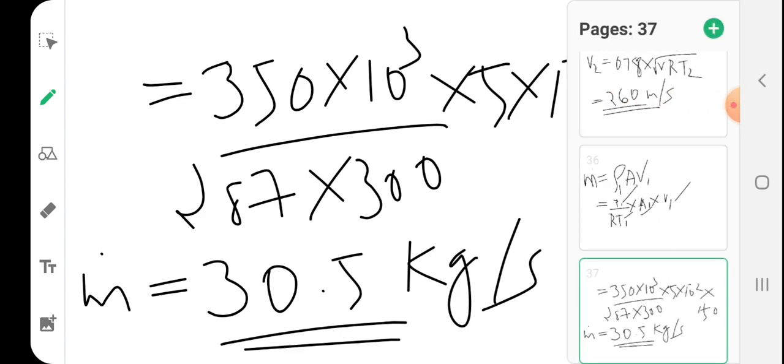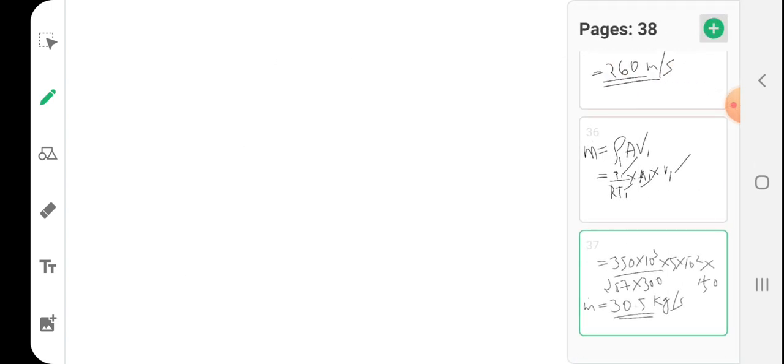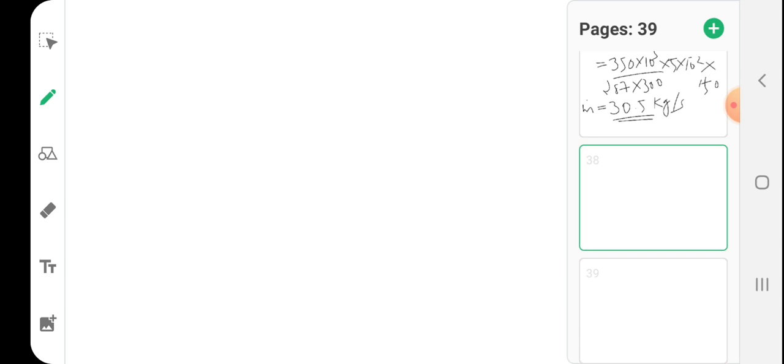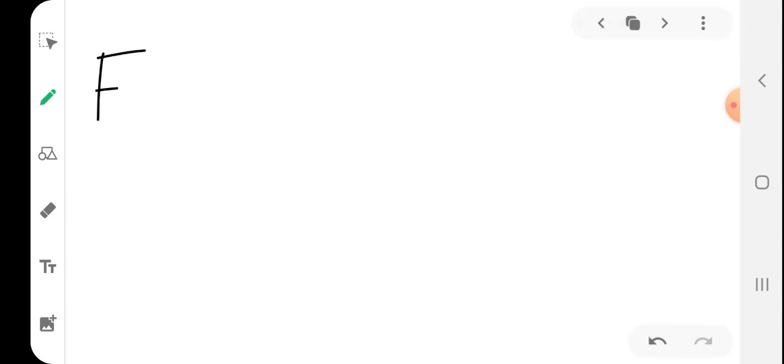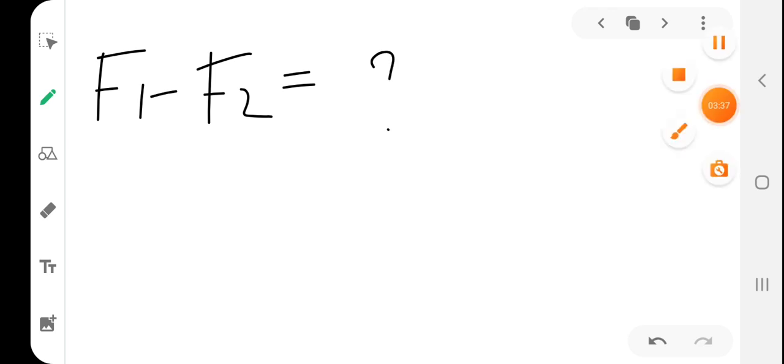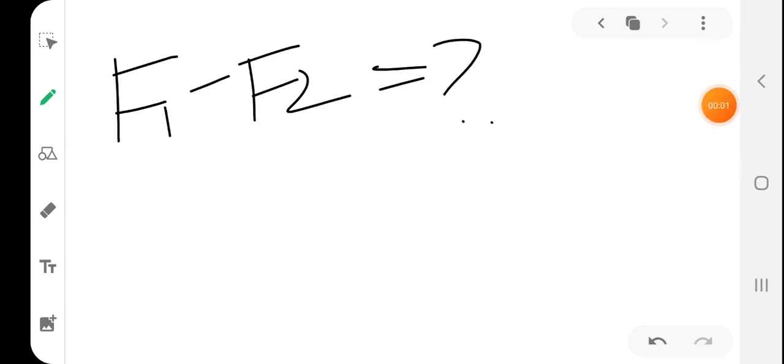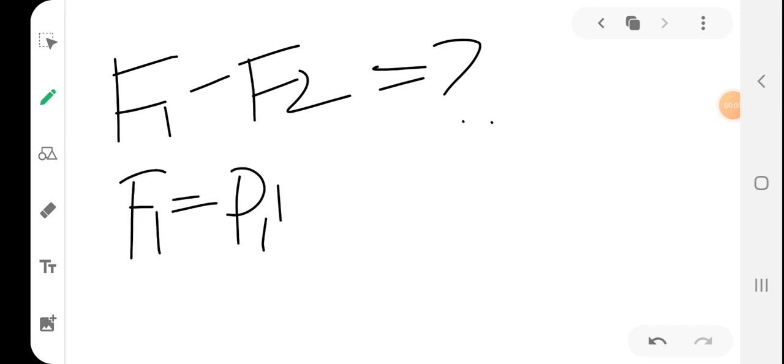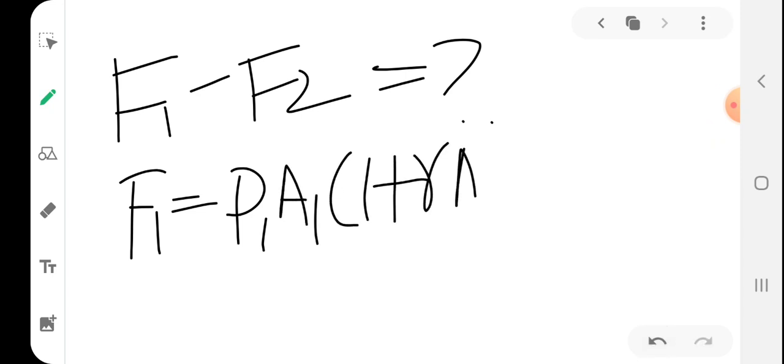Finally, we have to find the value of F1 minus F2, the change in impulse function. This is very important. F1 and F2 are unknown. Students, you know the equation for F1 as P1 A1 into 1 plus gamma M1 square.